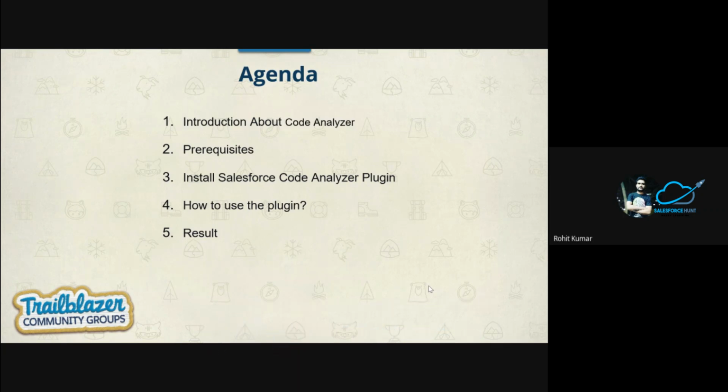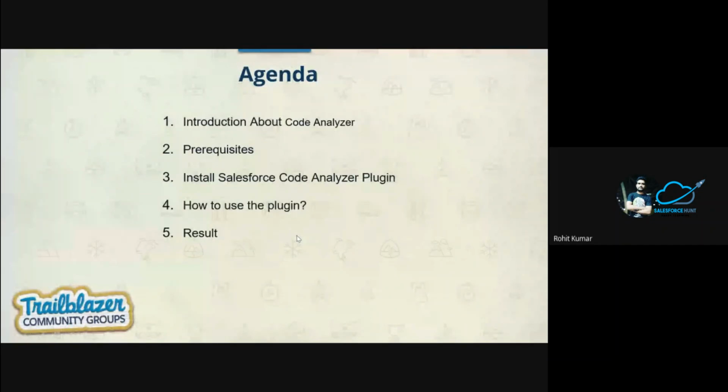Then how to use the plugin. Once you install this plugin, how to execute it for our Apex classes and LWC components, because we write our code in the latest web standards, LWC and Apex. Finally we can see the result.